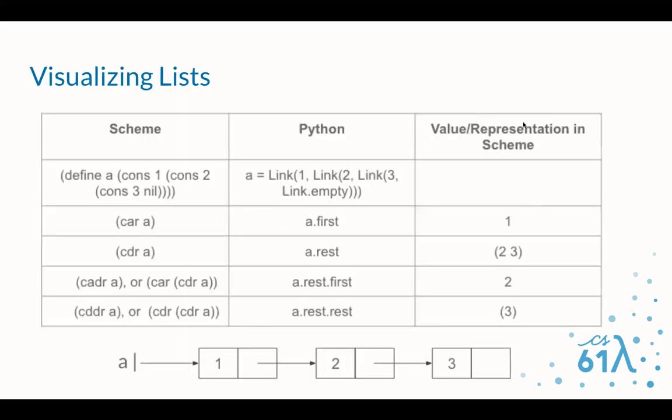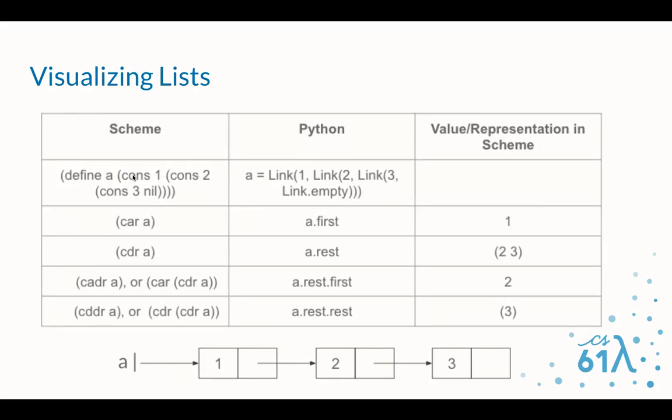So again, this is a good way to see the comparisons between Scheme lists and Python lists. Here you can see you have Link, and then every second parameter that you're passing in has to be another Link, or it's null, or Link.empty in that case.